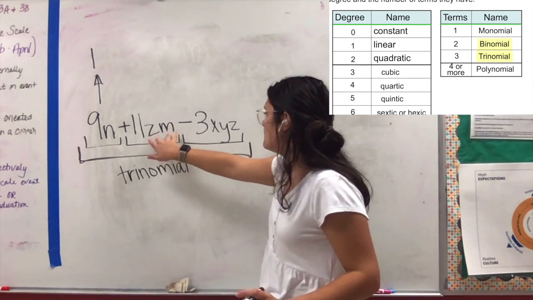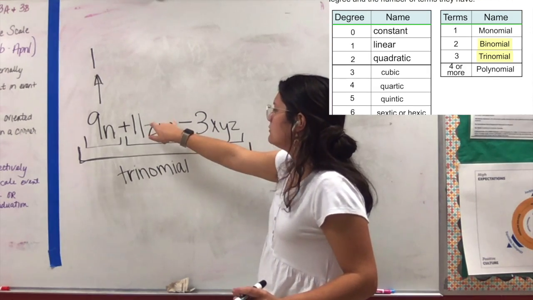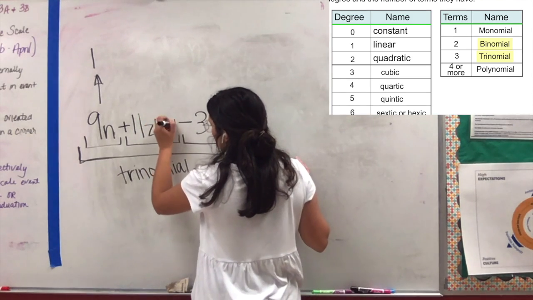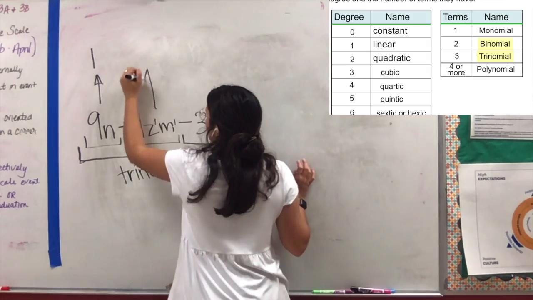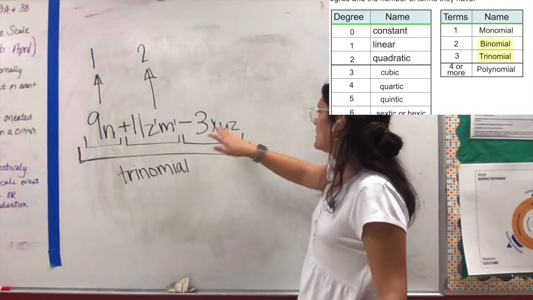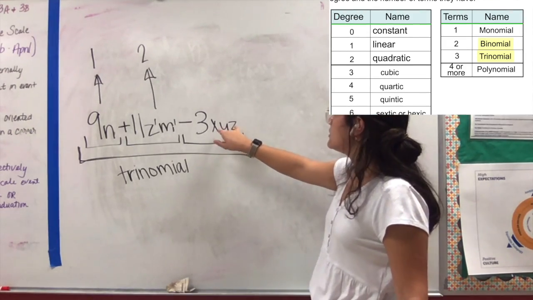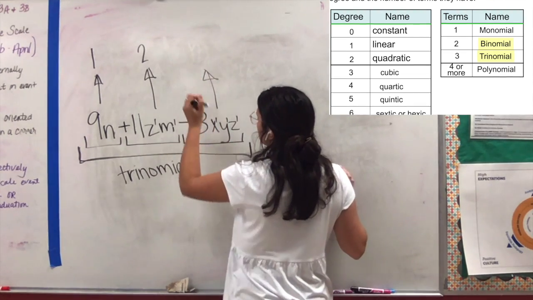Looking at exponents of variables, we have 2 variables but no visible exponents. When there are no visible exponents, we know that there's an invisible 1. So 1 and 1, 2 variables with exponents of 1, so 2 degrees. And negative 3xyz: 3 variables, all with invisible 1s. 1, 1, 1.